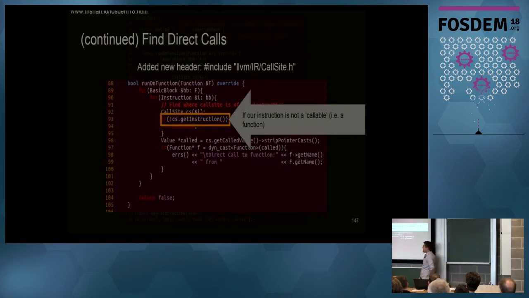Okay, so continuing on with the third pass on finding function calls. The next thing I'm going to do, once I have a call site, I'm checking that instruction to see, well, was our instruction something that was callable? Was it a function in the first place? So if it's an instruction at all, I check.